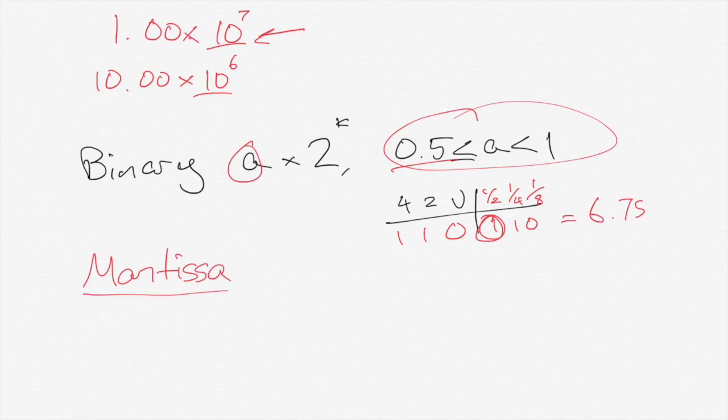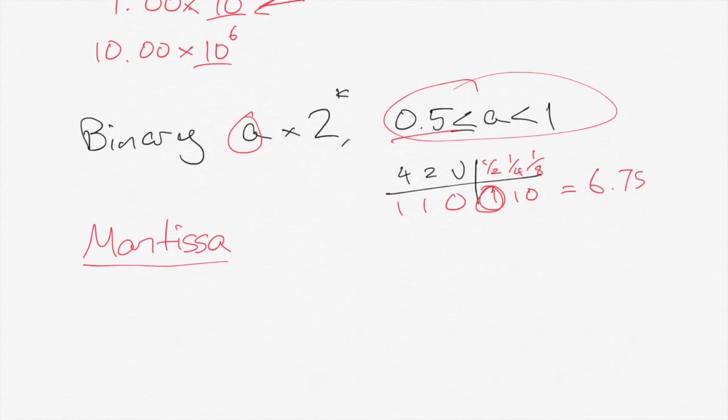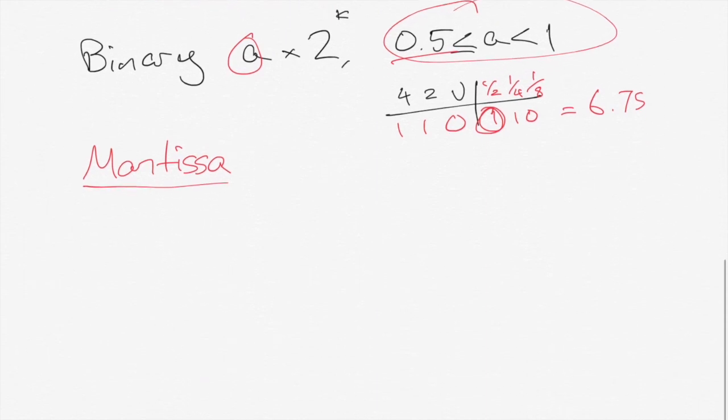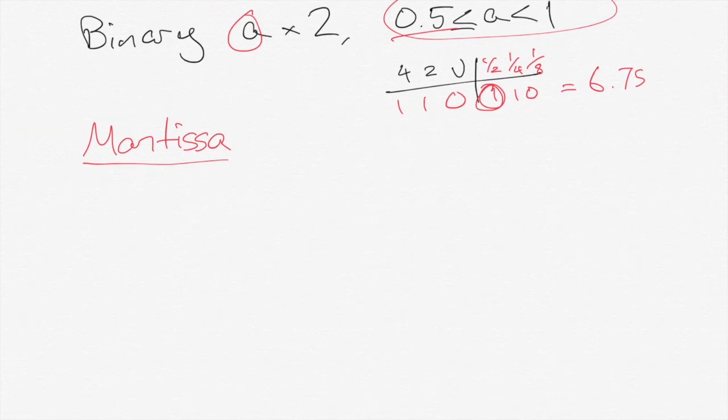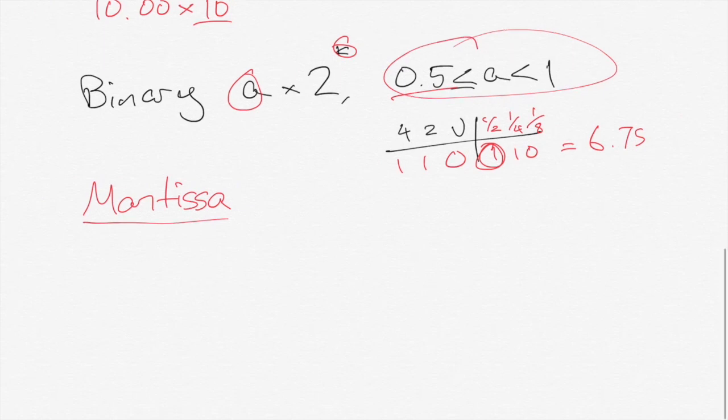If you look up the mathematical definition of a mantissa, you actually find that it's something a little bit different. So don't do that, I would suggest. Just trust me that for this course, we will just call that thing the mantissa. And as I've said before, we've also got this thing up here that we call the exponent. So our a value is called the mantissa, and the k value is called the exponent.